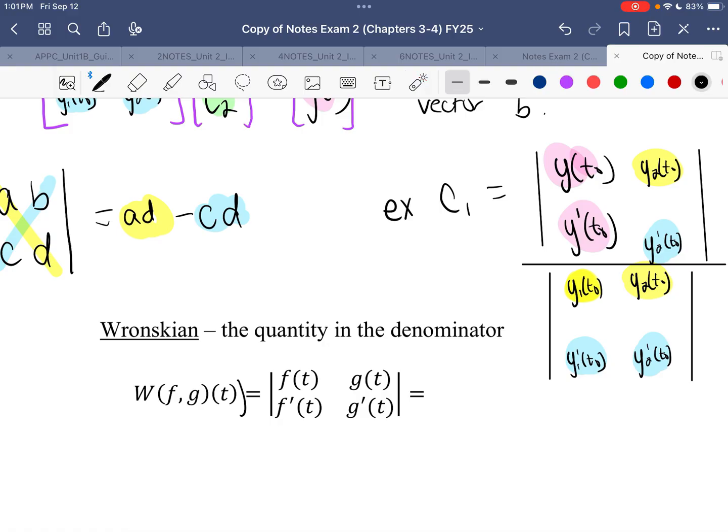And this Wronskian is going to end up equaling f times g prime minus g times f prime, sort of looking like the numerator of the quotient rule, backwards, I guess. So two solutions form a general solution.